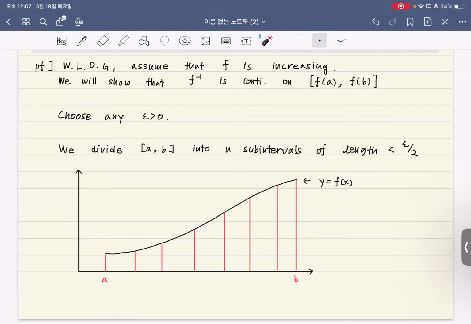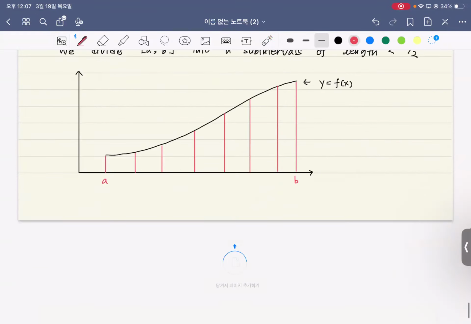Their lengths might be different, but what really matters is that each of these lengths is less than epsilon over 2.